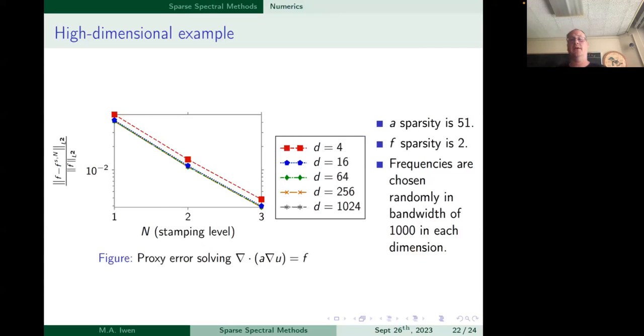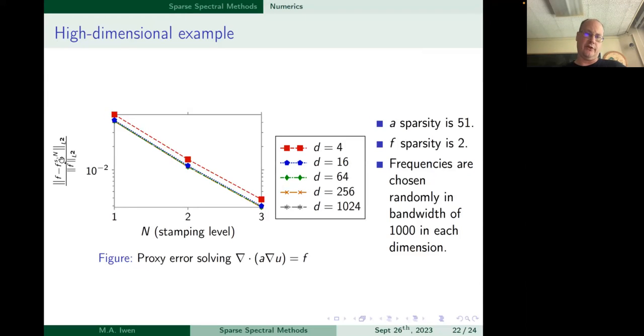All right, so just to prove that you can actually solve 1,000-dimensional problems, we solved some. The final set of experiments here. Here we have error in our solution, or at least a proxy for the error. It's a provably good proxy.